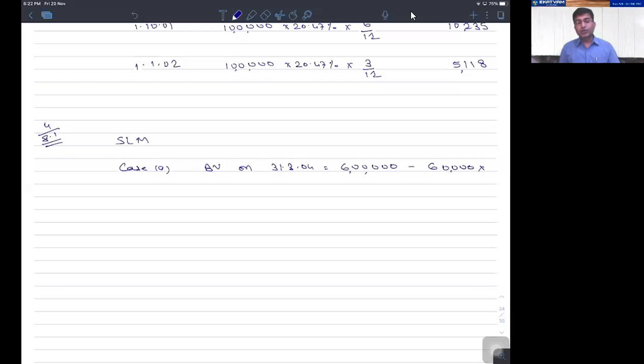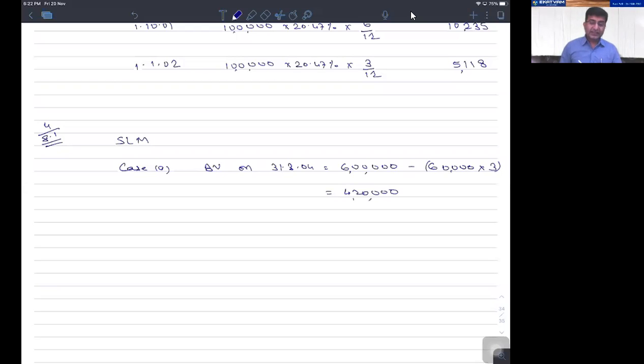Why 60,000 into 3? Because 60,000 is the depreciation per annum. 2001 में परचेज किया, सो 1, 2, 3 — 3 साल का आपको फुल ईयर का डेप्रिसिएशन चार्ज करना है. So the book value comes to 4,20,000.